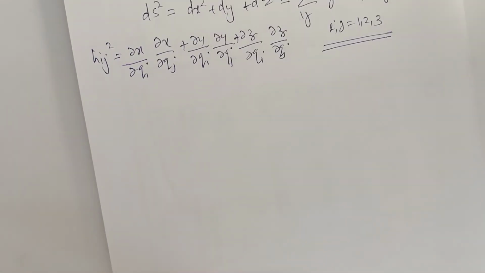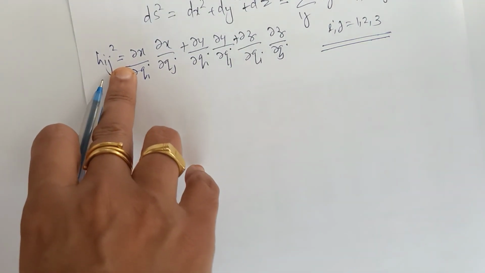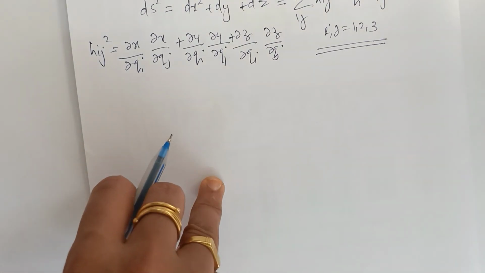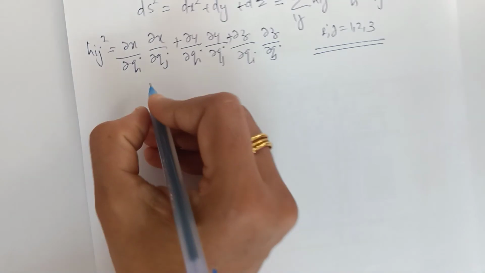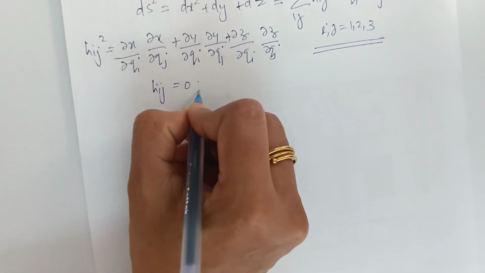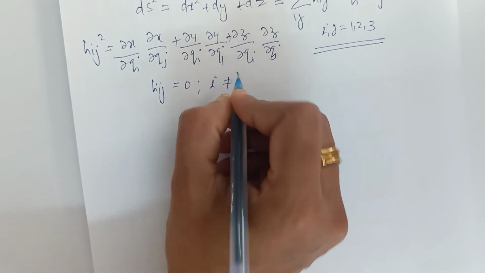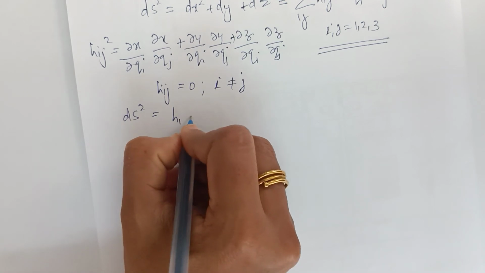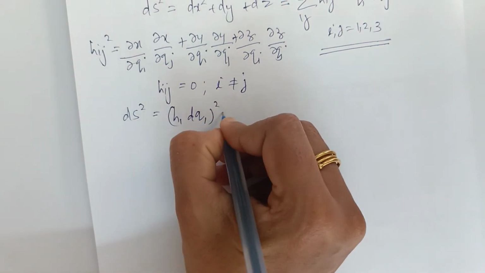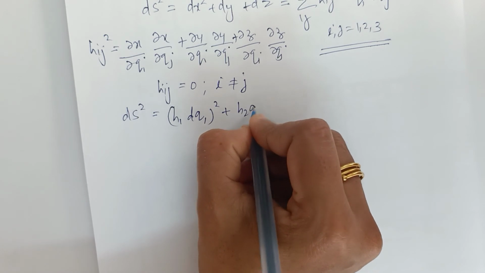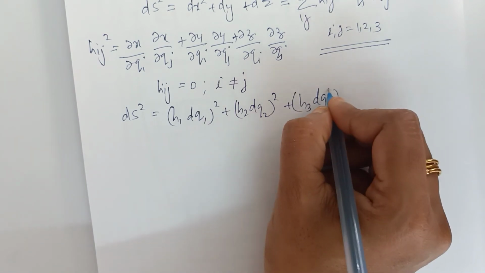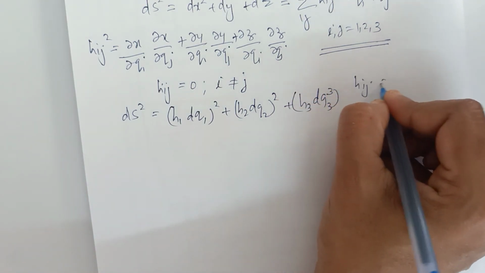So that means hij is equal to 0 when i is not equal to j. For simplification, we can write ds square equal to h1 dq1 whole square plus h2 dq2 whole square plus h3 dq3 whole square, because hij can be written as hi.